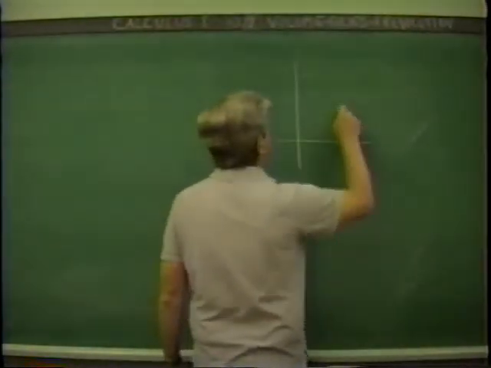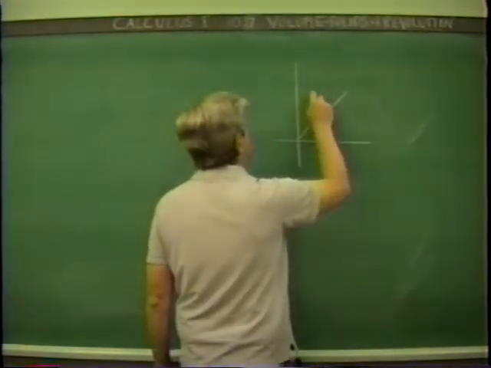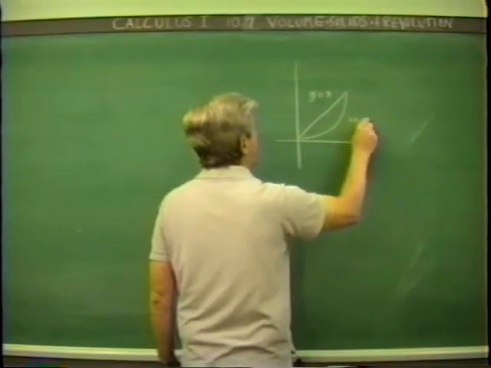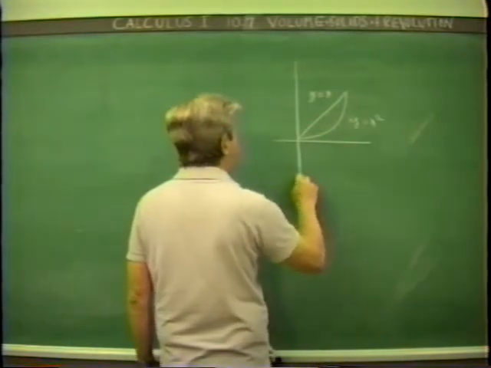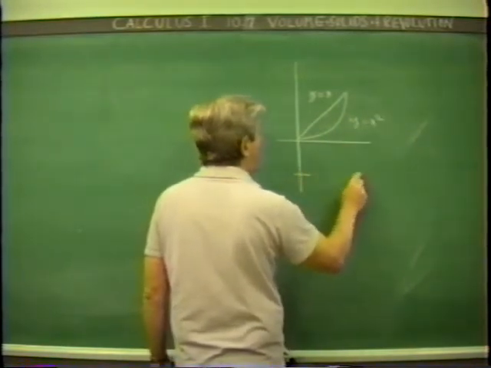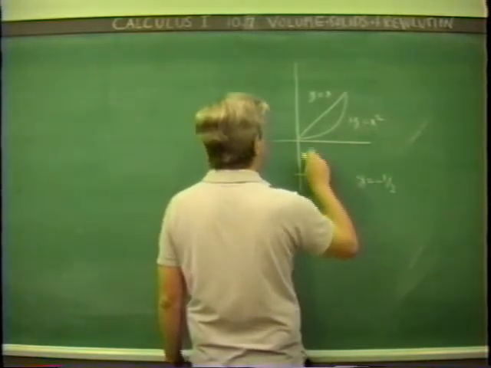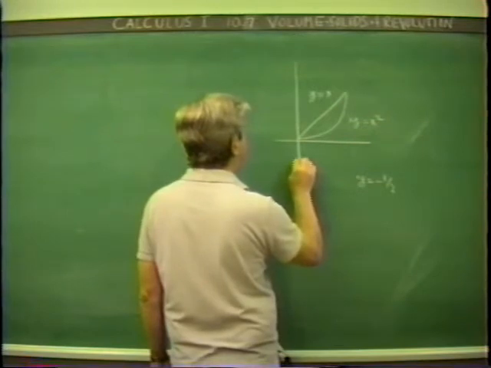So let's take a look at a specific example here. Let's suppose that we had the two functions y equals x and y equals x squared. And if we wish to revolve them, let's say around the line y equals minus a half.